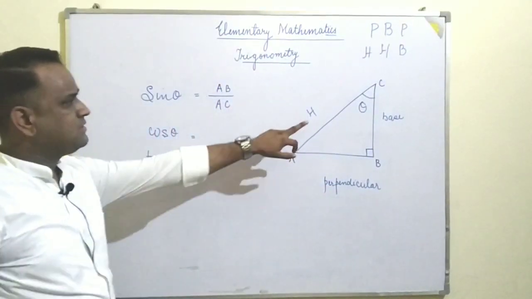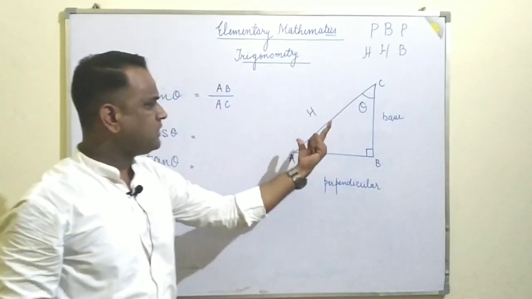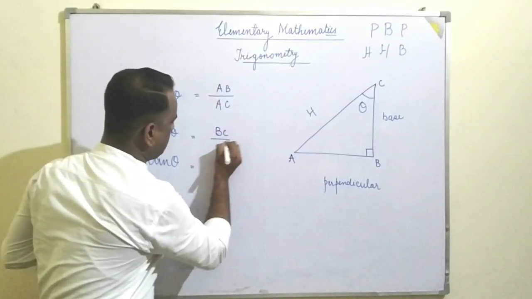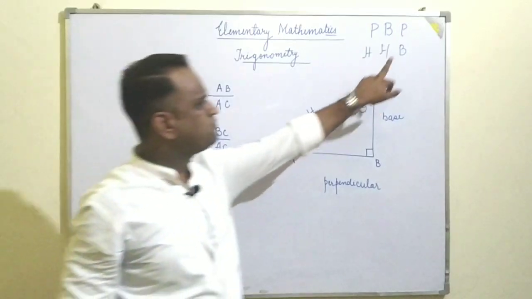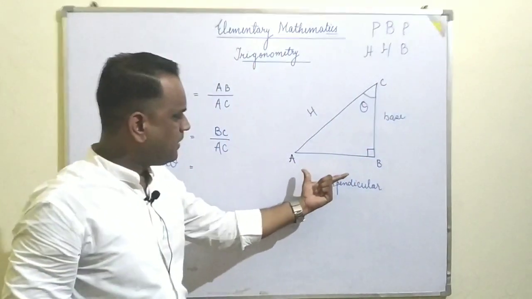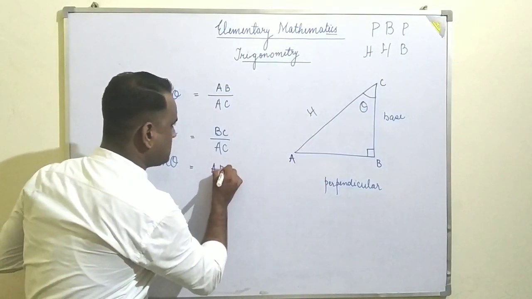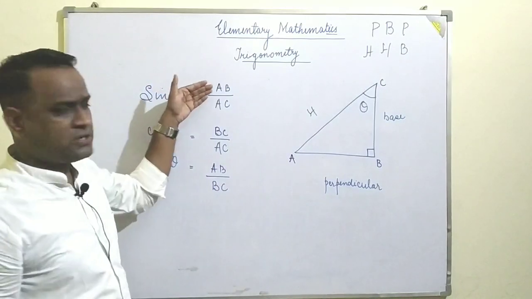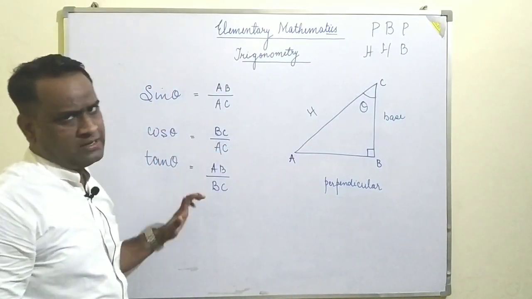Here base is side BC and hypotenuse is side AC, so BC upon AC. And the last one is tan theta, which is equal to perpendicular upon base, so AB upon BC. By putting in these values, we can find sin theta, cos theta and tan theta.